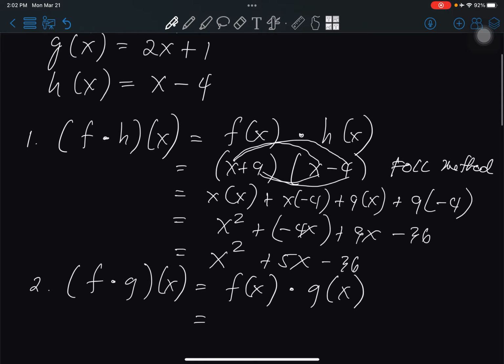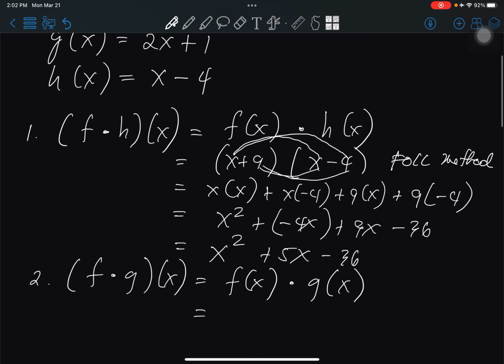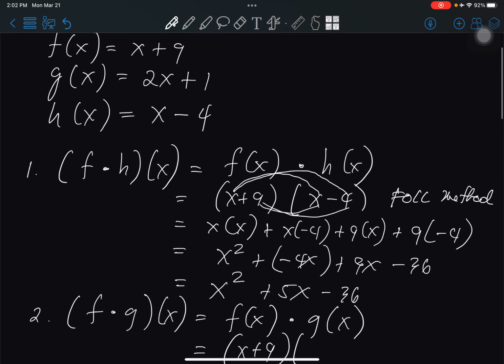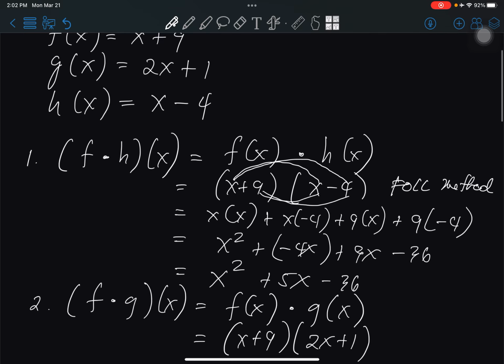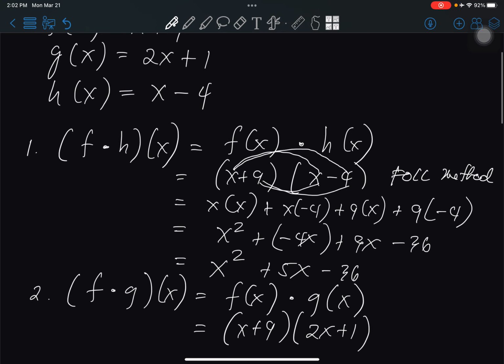So here we have f of x that is equal to x plus 9, so we have x plus 9, then multiplied by 2x plus 1 as the value of g of x. So we have 2x plus 1. Okay? Now let us distribute using your FOIL method.